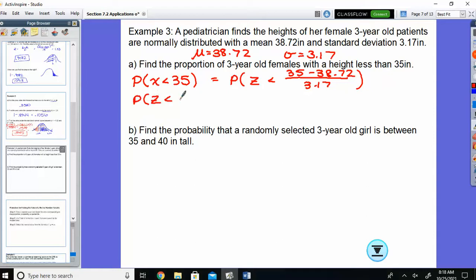We really just need 2 decimal places because that's all the table goes to. So I need the probability that my z is less than negative 1.17.